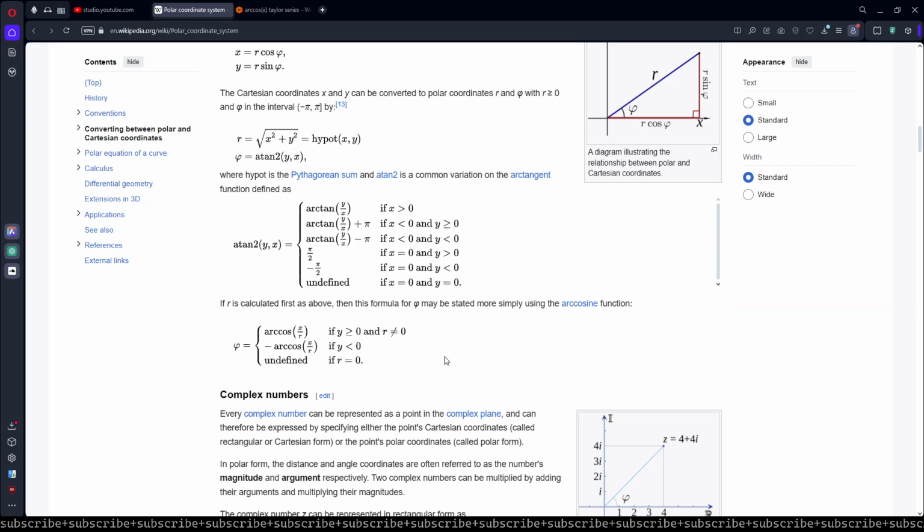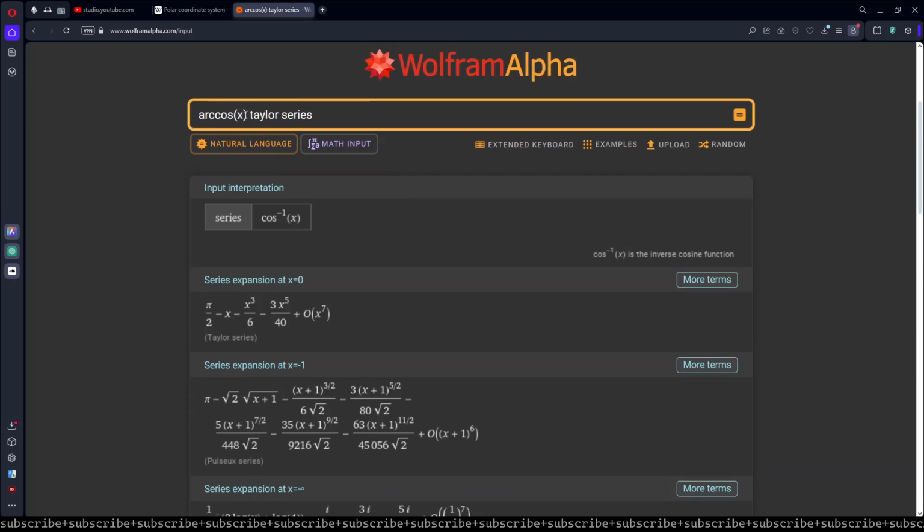We don't really get an arc cosine in the grid, which is a problem. But if you know a bit more about physics or maths, you know that you can approximate this function by a polynomial using a Taylor series. So what I did here is I just input arc cosine Taylor series expansion at x equals 0.